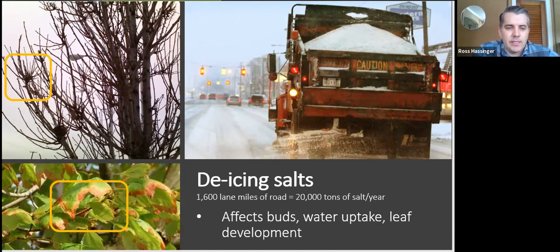Where trees are near these streets, damage can come by way of airborne salt spray, killing dormant buds and resulting in the telltale witch's brooms, and also by salt accumulation in the soil where it breaks down and negatively affects the tree with water uptake and results in leaf scorch.